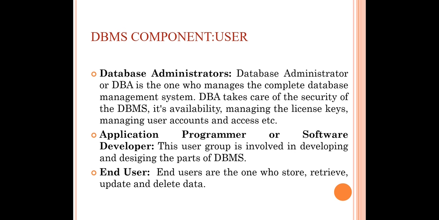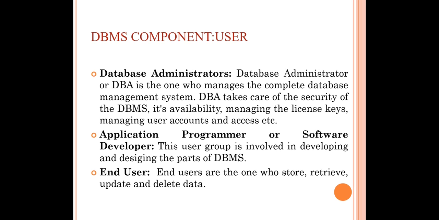The next DBMS component is the user. Here the user is divided into three types, that is database administrator, application programmer and the end user. Who is a database administrator? Database administrator or DBA is the person who manages the complete database management system.